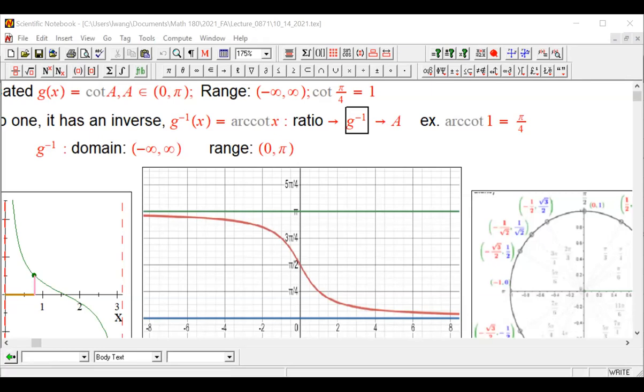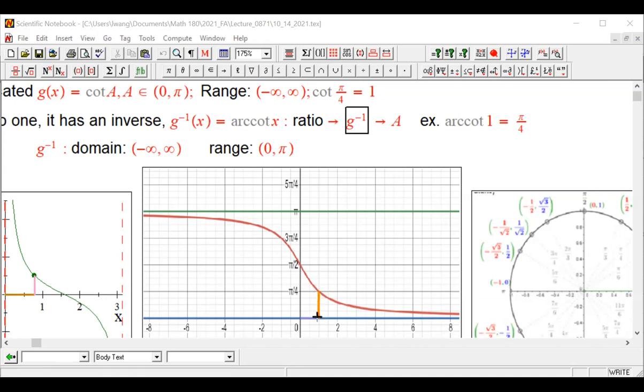That's not pink, but okay, suppose that's my pink. The pink is 1. So this is 1. And the orange, orange is pi over 4.